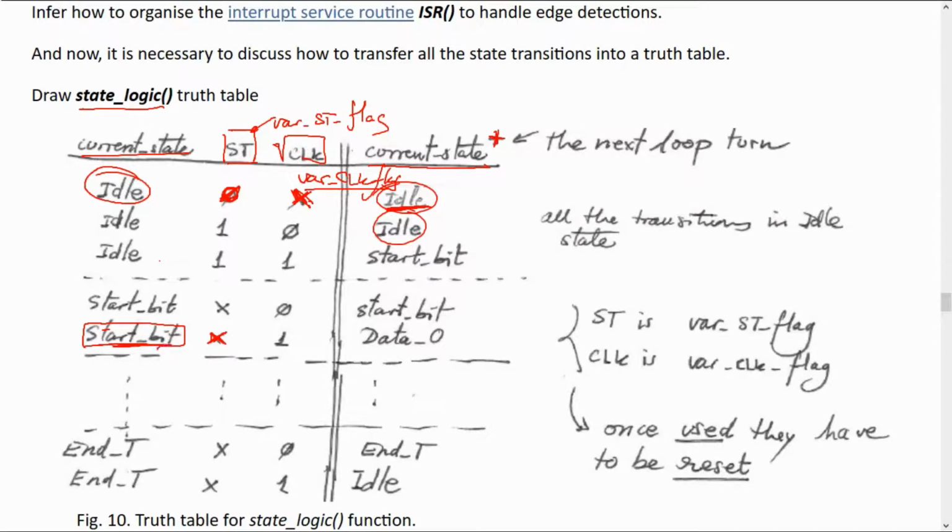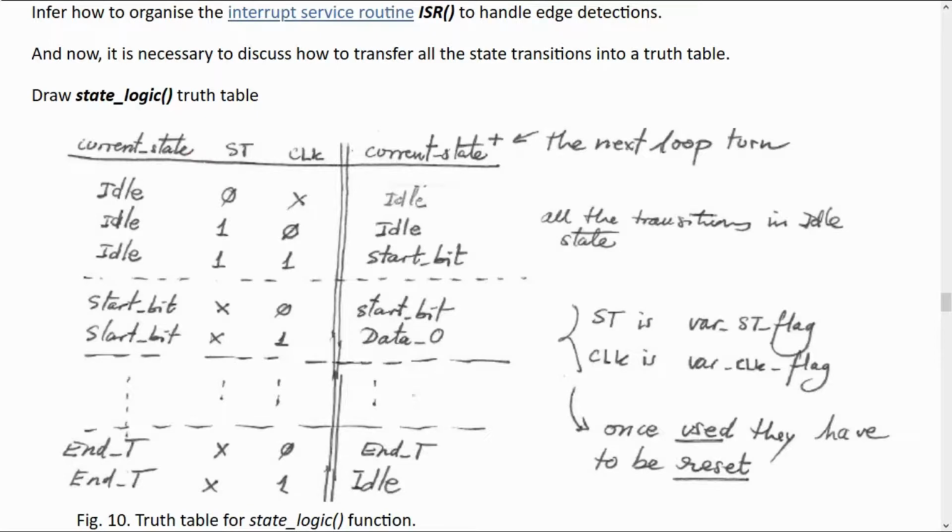This is already the bit 1 to the start bit, what is now on the output. So what you have to be aware of is the value of the clock flag, because if this clock flag is 1, this means that a full period of time has elapsed, and because of that you have to jump to the next state. So instead of transmitting the start bit, you will send now the data 0. The same way for a full period. So that is the way it goes.